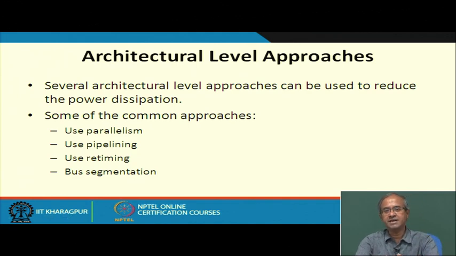Now, you will see that many of these techniques do require some additional hardware. So, you are increasing the cost in terms of area or in terms of number of gates or transistors, but this is quite acceptable nowadays. As I mentioned earlier also, reduction of power has become of paramount importance.